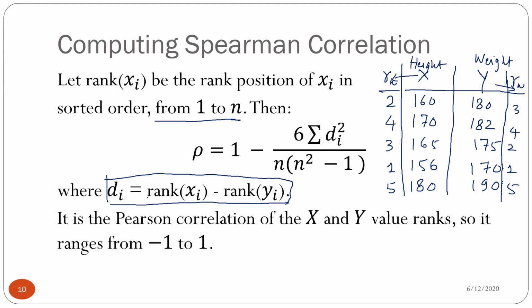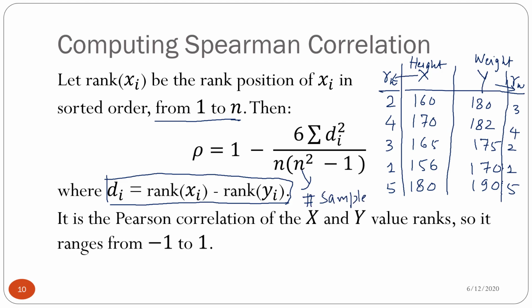Then this difference is to be squared, and added for all the records. Once you have computed this di square, you can put that in this expression, which is 6 times the summation of di square divided by n times n square minus 1, where n is the number of samples.